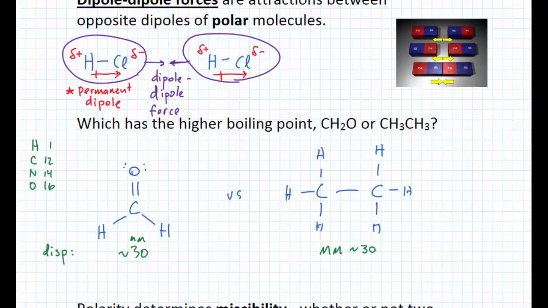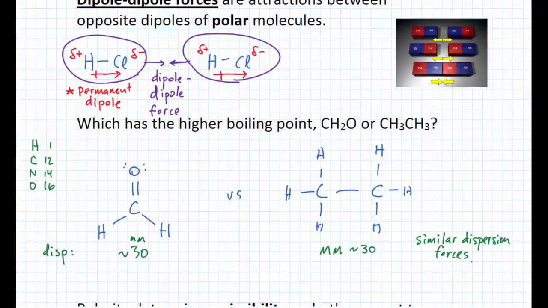So what do you suppose that tells us about the strength of the dispersion forces in samples of those two molecules? Around the same. Yeah, let's say similar dispersion forces. We cannot say that they are identical, because remember, molar mass is just an estimate, but we can say they're similar.